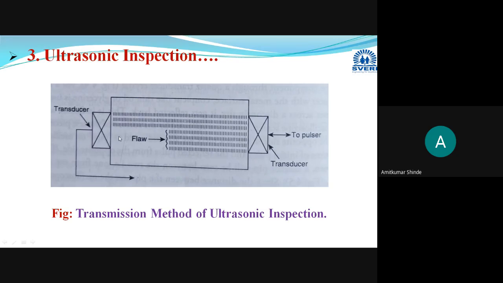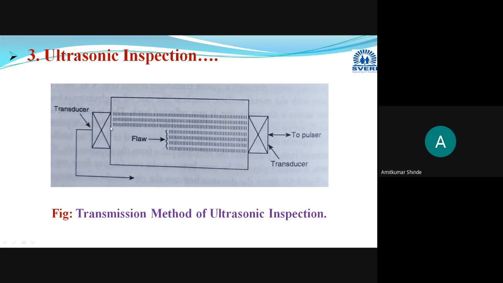Now, what is the function of these two transducers? The first transducer, at one end, is used to send the pulses, in short the ultrasonic waves, which are passed through the test specimen.